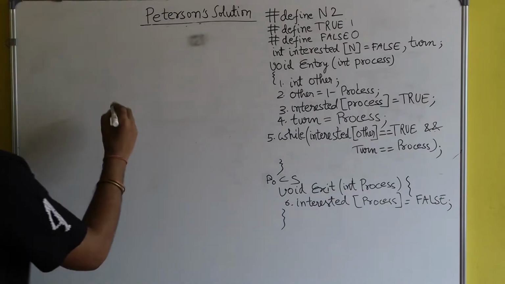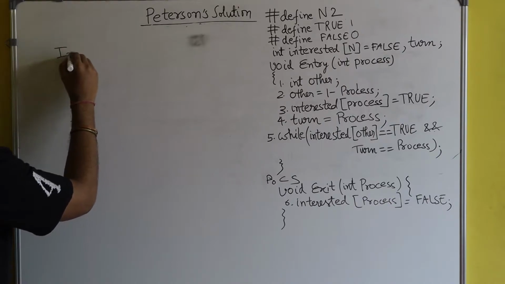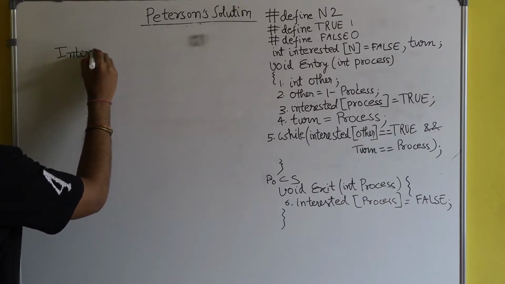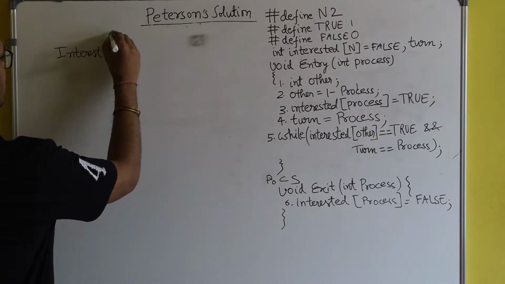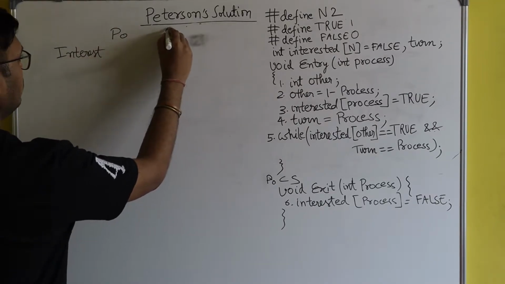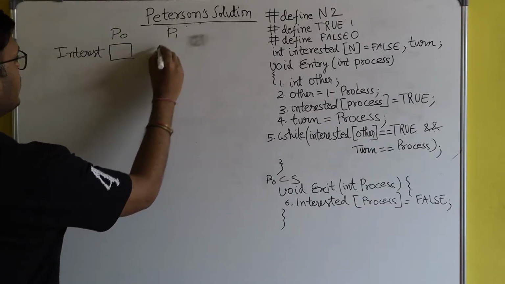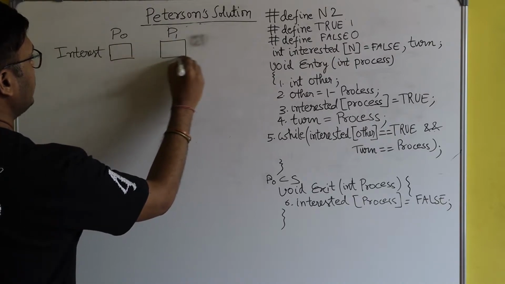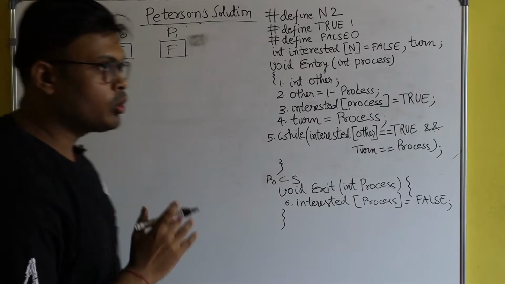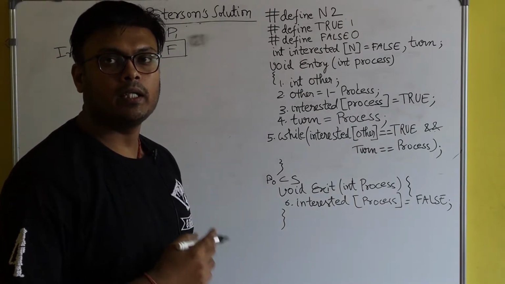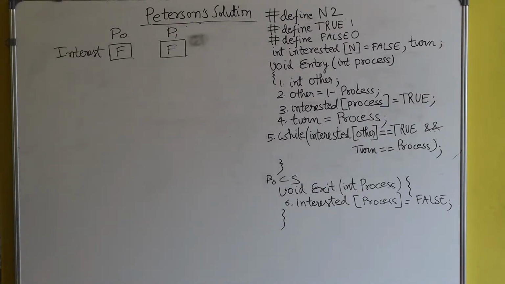Here I am writing interested, and the process names are P0 and P1. So interested of P0 and interested of P1 are both initialized as false. It means now both the processes are not interested to enter inside the critical section.